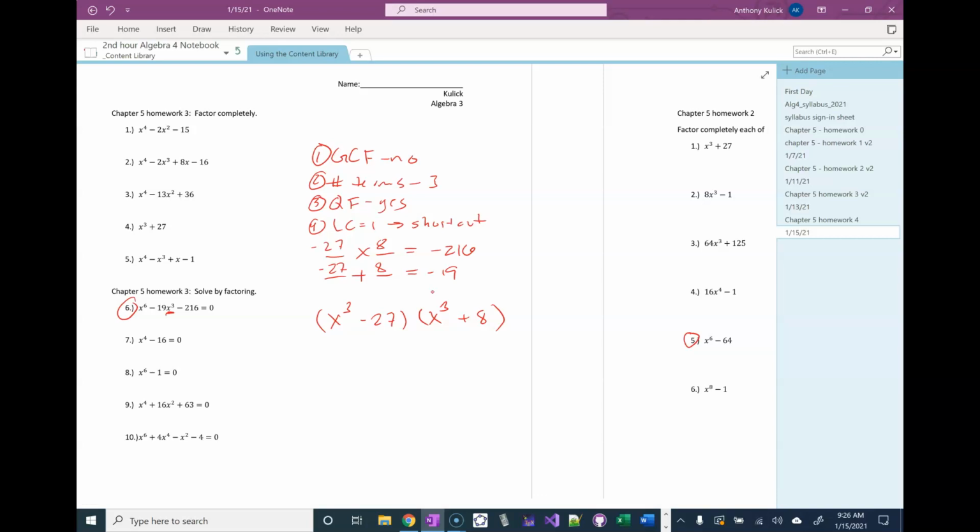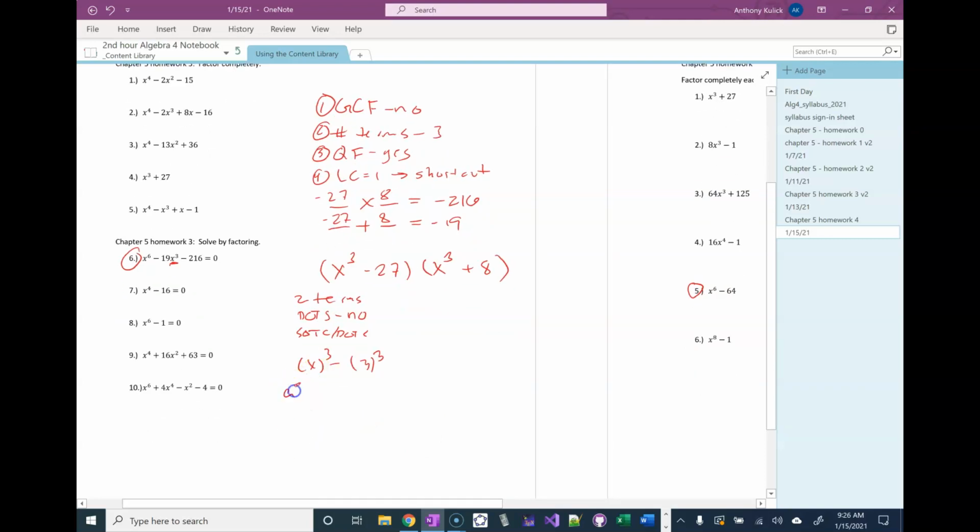So then we need to check each one of those. So x cubed minus 27, that's 2 terms. Is it a difference of 2 squares? Definitely not, because the exponent is odd. Is it a sum or difference of 2 cubes? Yeah. So x cubed we can write as x to the third, and 27 we can write as 3 cubed.